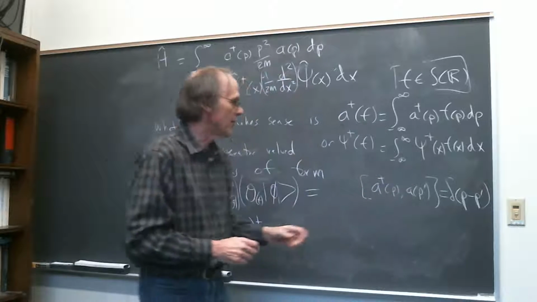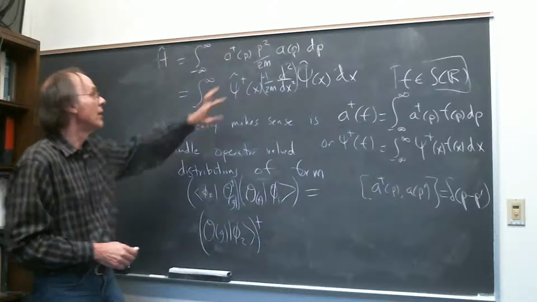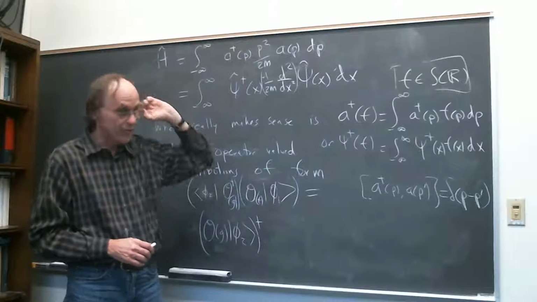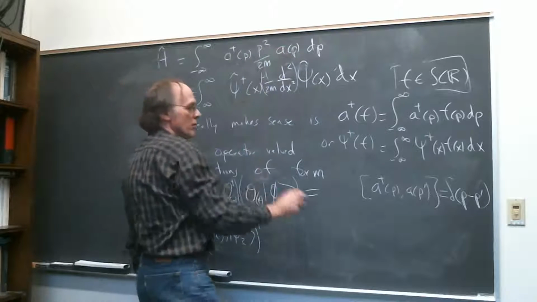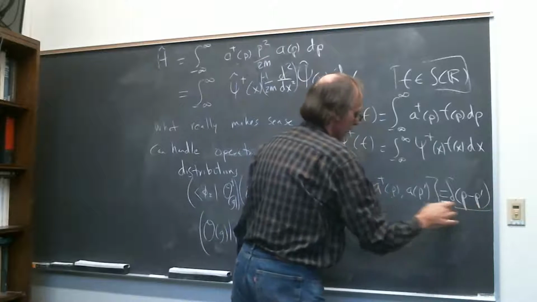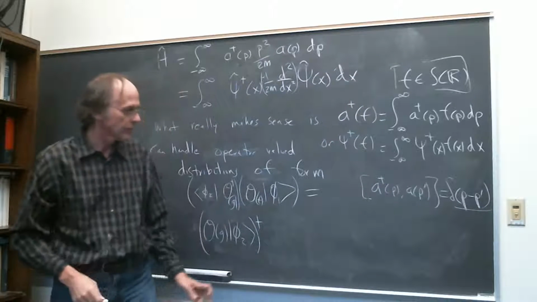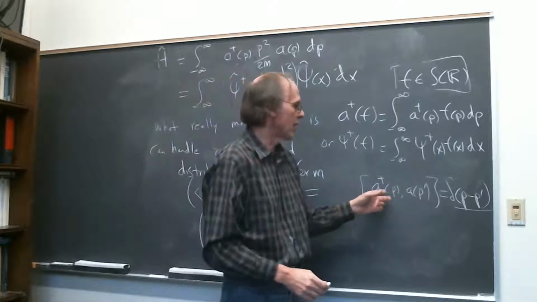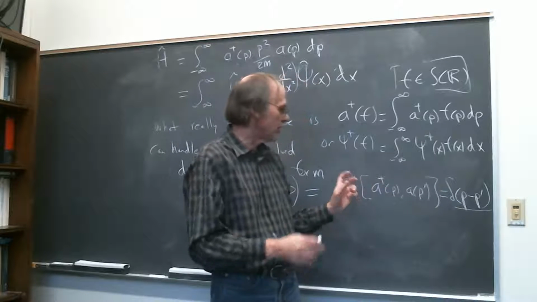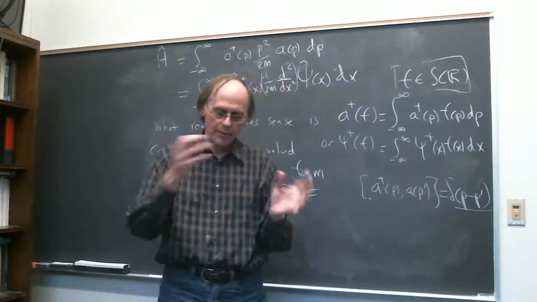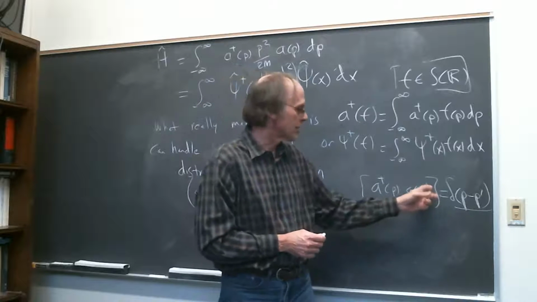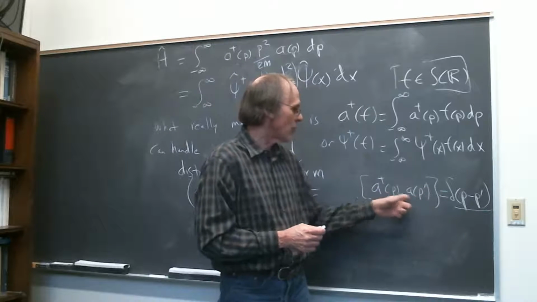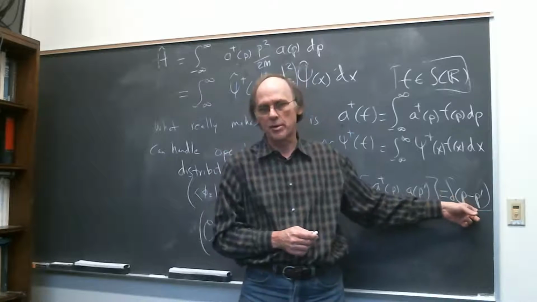So the whole game of doing calculations in these theories involves working with these symbols and these distribution valued operators, and trying to bring everything down to the commutation relations, and then to use the fact that these things have a well-defined commutator, which is also a distribution.